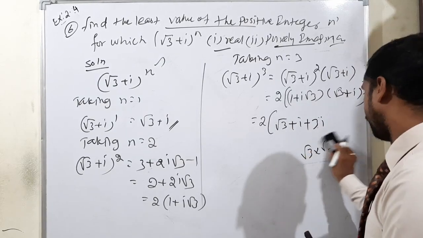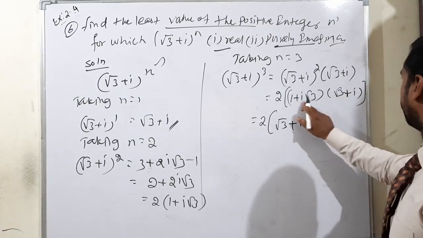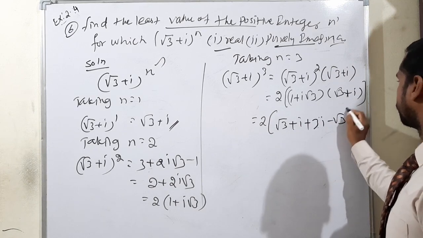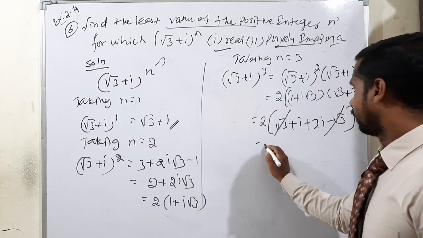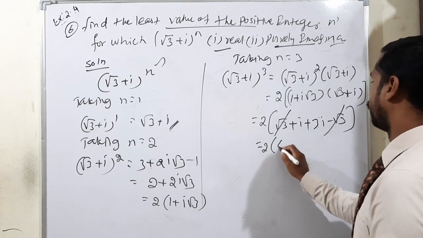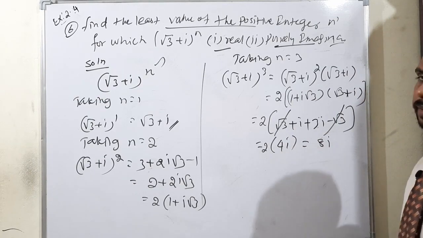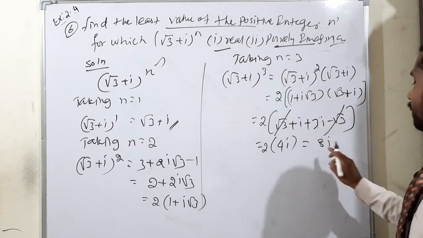Okay, then the last term, i into i². i² means minus, so minus √3. Therefore plus √3 minus √3 cancel. Then 2 into 3i plus i gives only 4i, so this is 8i. See, only the imaginary term is there. So when x is equal to 0, it is imaginary.